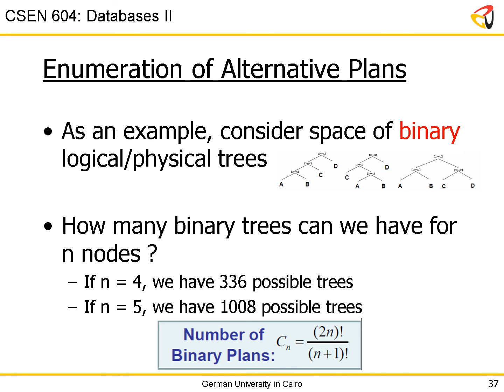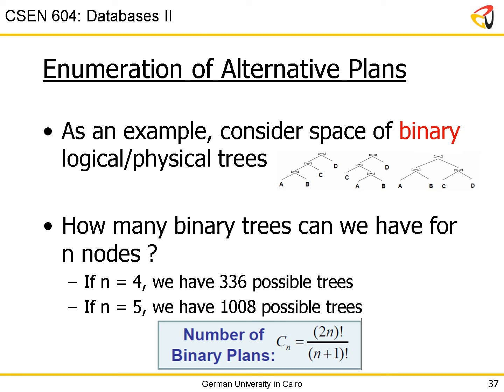So if you just look at binary trees, how many binary trees can we have? Well, this will take us to combinatorics. The number of binary plans we have, if n is equal to 4, we have 336 possible trees.